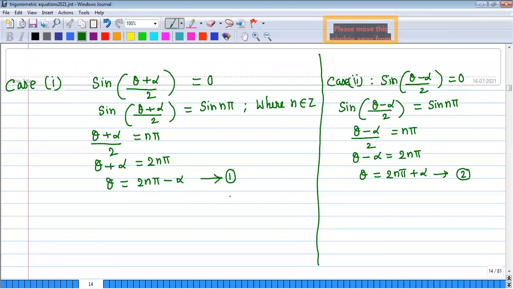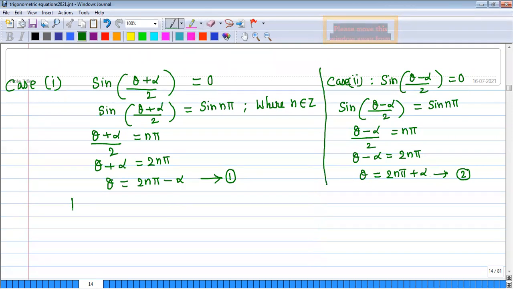That is the general solution of cos theta equals k. If alpha is the principal value, then the general solution is 2n pi plus or minus alpha. Either minus or plus.